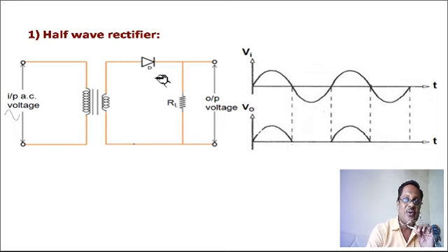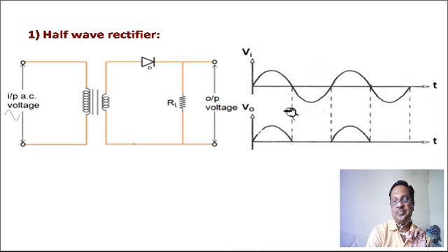As the diode is forward biased, it will conduct current and hence current will flow through the load resistance RL. As current flows through RL, a voltage is obtained across this load resistance, and therefore we get the output voltage during the positive half cycle of the input AC voltage.